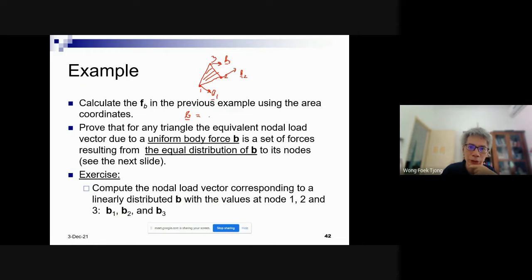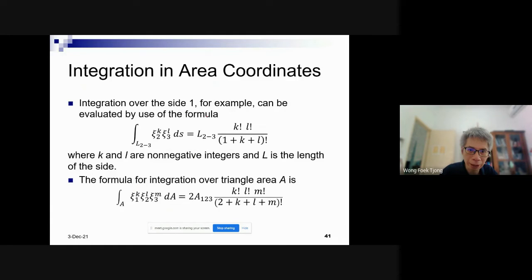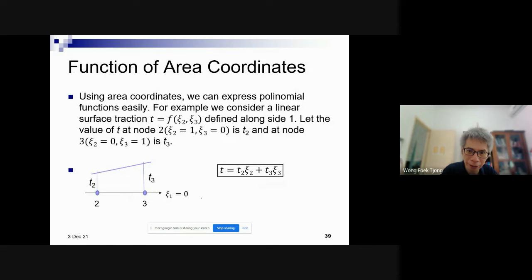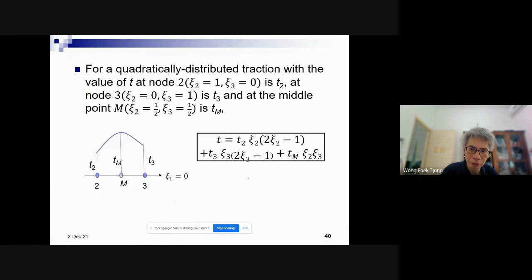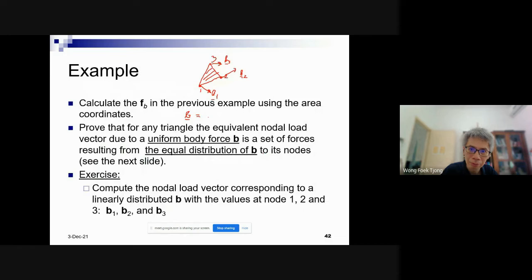For a linear distribution, we can express it just like this, using a similar formula, like a linear function: B = C1 B1 + C2 B2 + C3 B3.